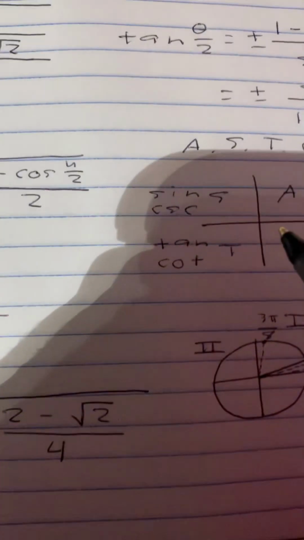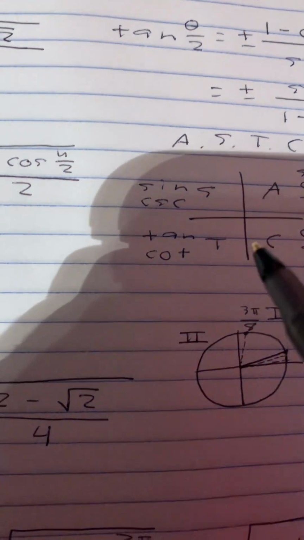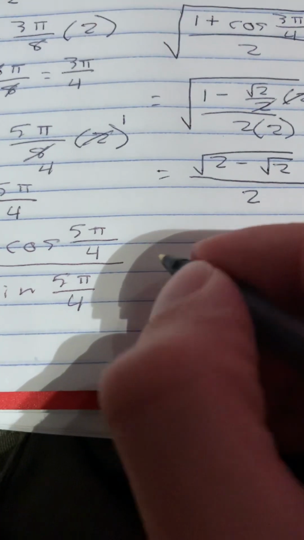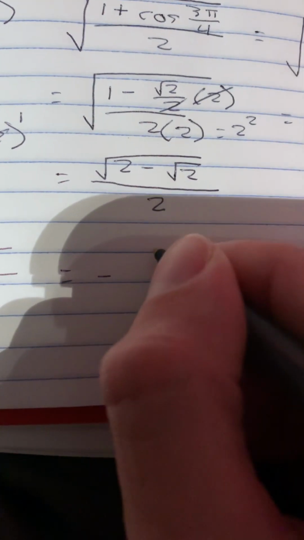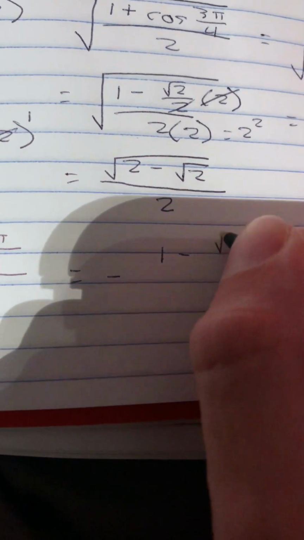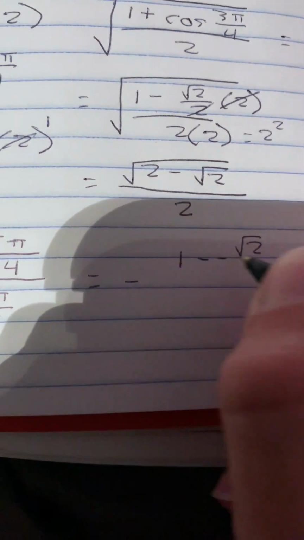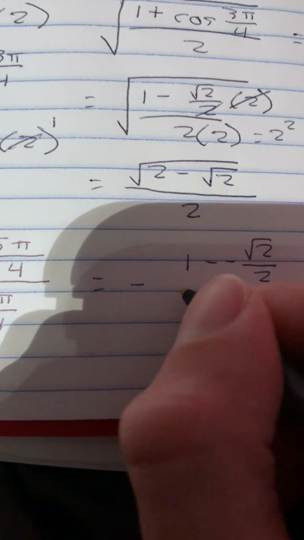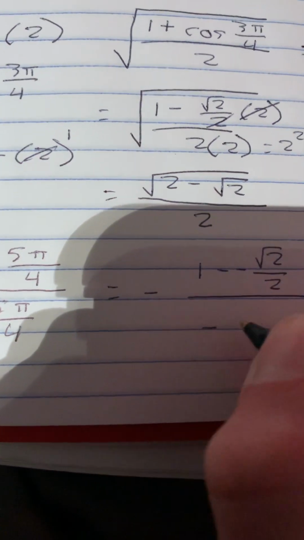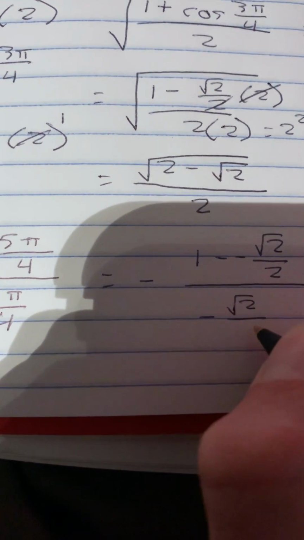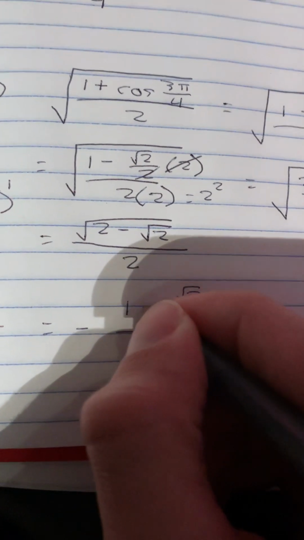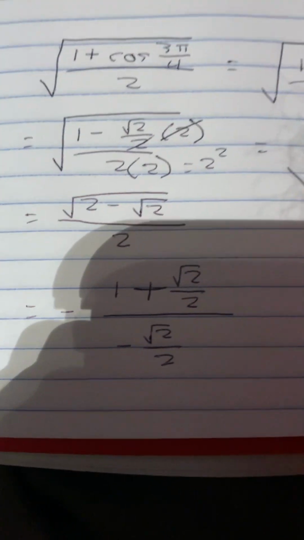So these are both obviously going to be negative because only tangent functions can be positive in quadrant 3. So I know for a matter of fact that this will be negative, 1 minus negative square root of 2 over 2, and it's all over negative square root of 2 over 2, because both sine and cosine are going to be negative in quadrant 3. A double negative becomes a plus, right?